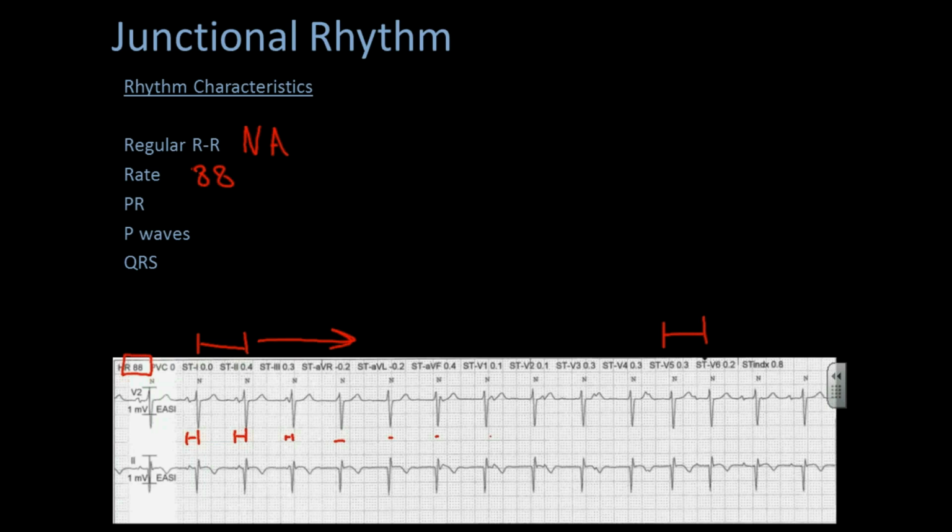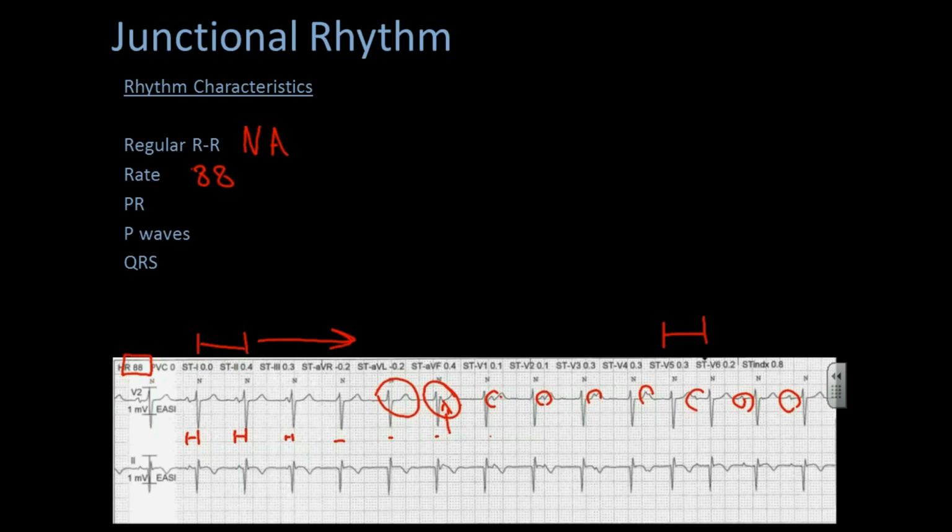And then if you compare this QRS to right there, you see right here, there's a retrograde P wave. There, right there, right there, and right there. And then you can see it come out here.